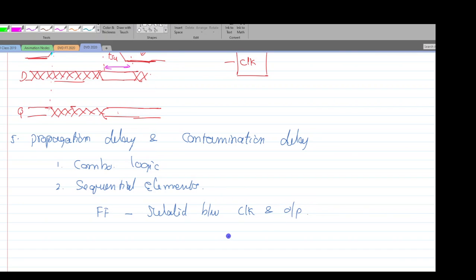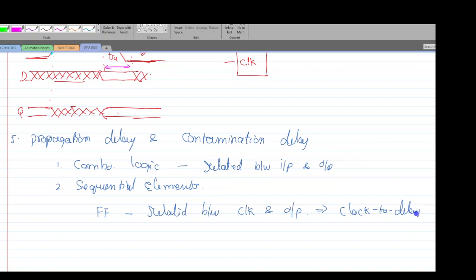Whereas in the case of a combo logic, the propagation delay and the contamination delay are basically related between the input and the output signals. In the case of a flop, it is related to the clock and the output signal, and we generally call this delay, either a contamination delay or a propagation delay, the relation between the clock and the output, a clock to Q.